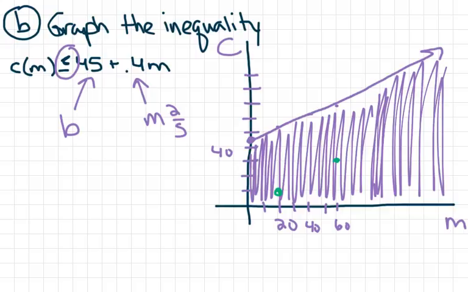I could drive 40 miles, and the most I'm going to pay is whatever this ordered pair is. Any ordered pair that lies on the line or in the shaded region will satisfy my inequality of not spending more than $45 plus 40 cents per mile.